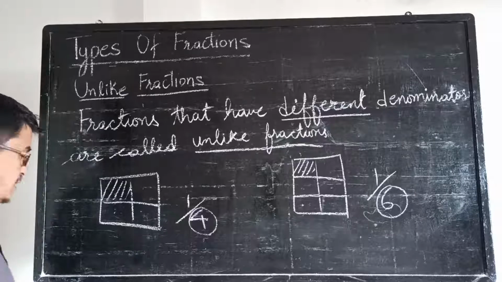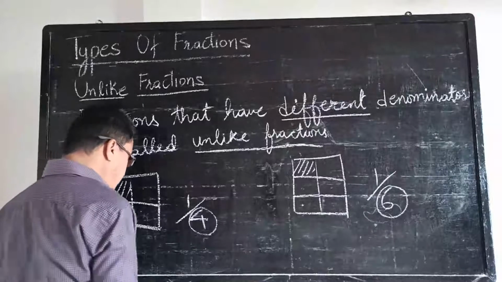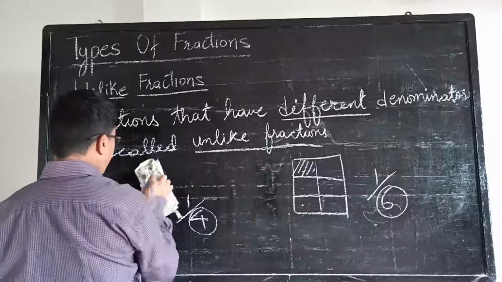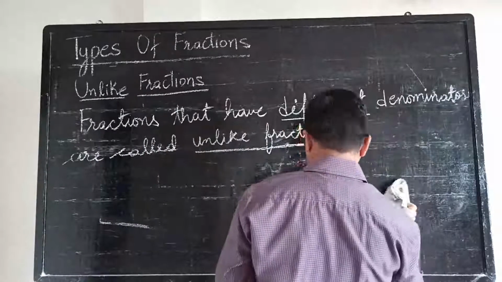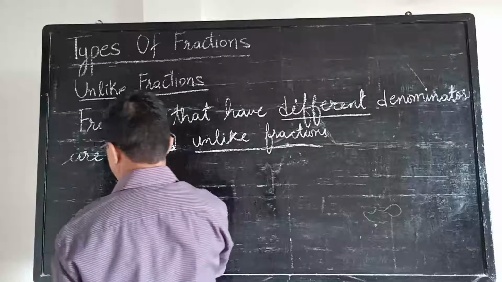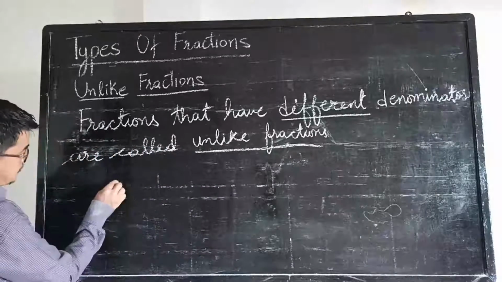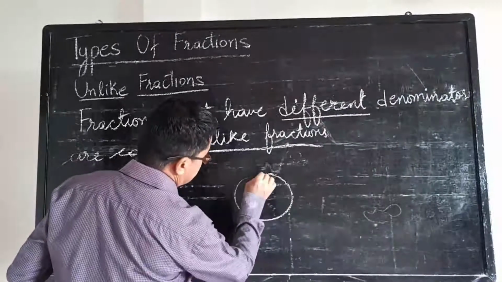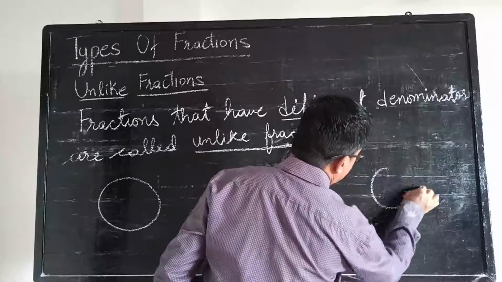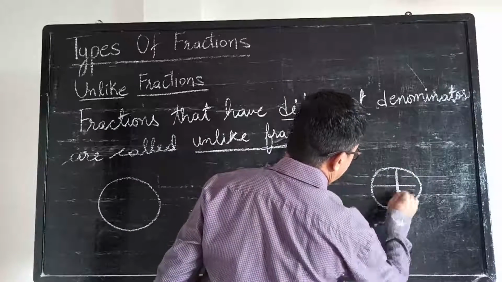Now we will take another example. I'll make a circle here and divide it into 4 parts.